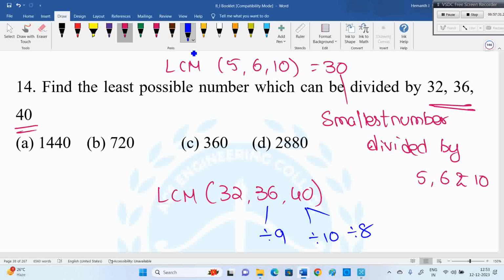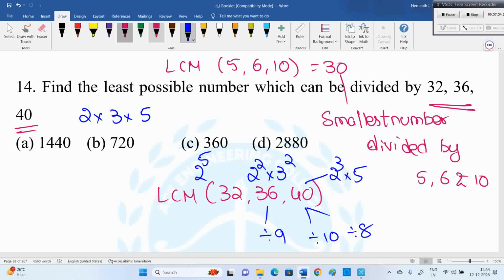So 32 we can write as 2 power 5. 36 is 4 into 9, that is 2 square into 3 square. 40 is 8 into 5. Now, what are the common prime numbers involved? 2, 3, 5. What is the highest power of 2? 2 power 5, which means 32.